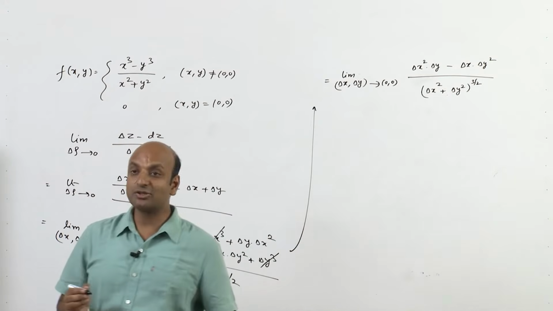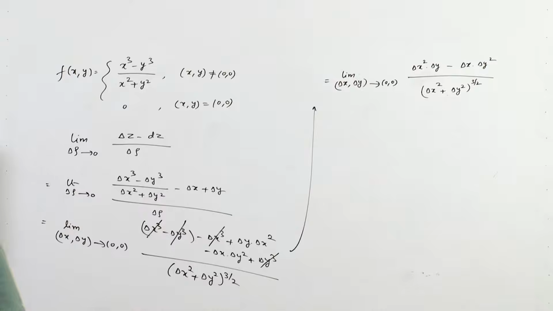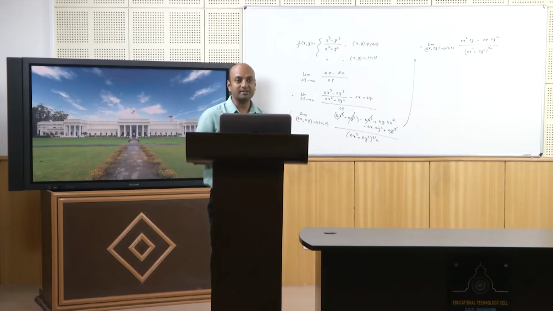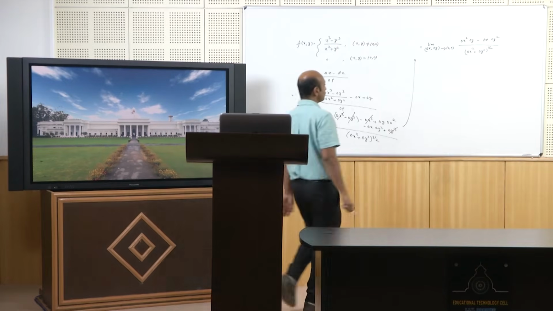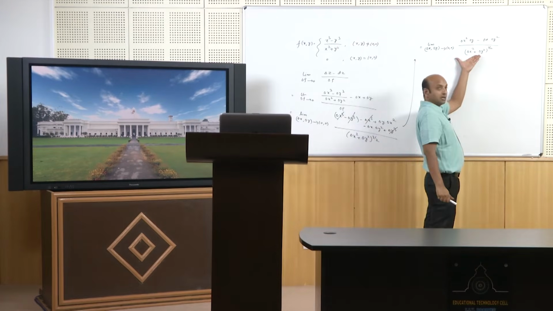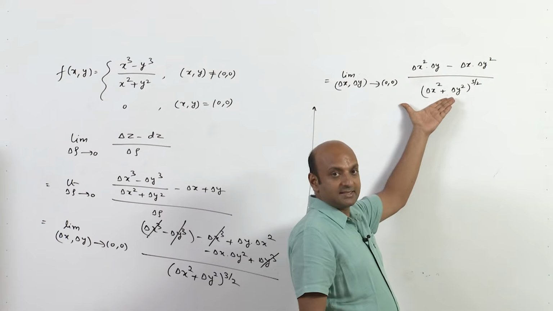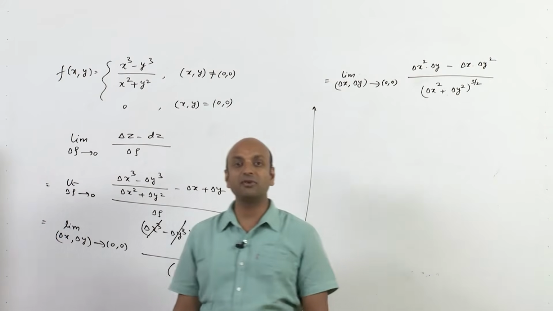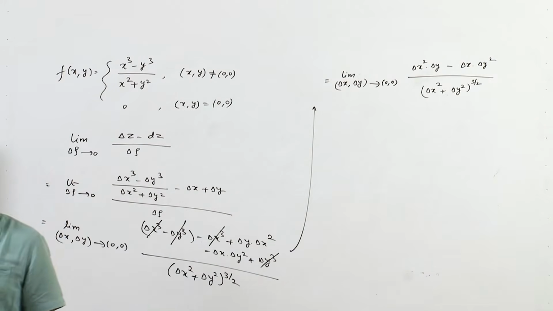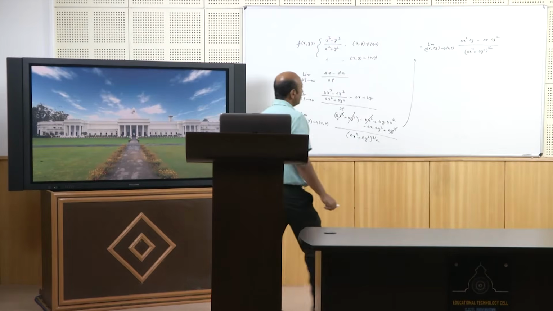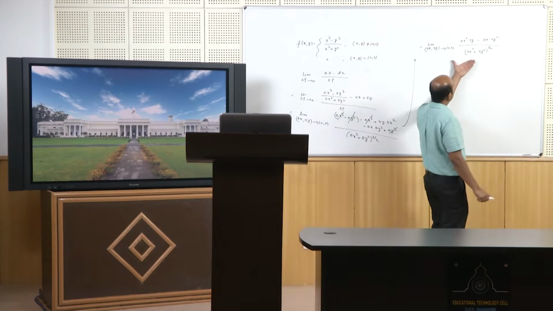Now, the function is not differentiable at that point, this we have to prove. So, what we have to prove basically? We have to prove that this limit does not exist, because if this limit exists and is equal to 0, then the function will be differentiable at that point. Okay. So, anyhow we have to show that this is path dependent.